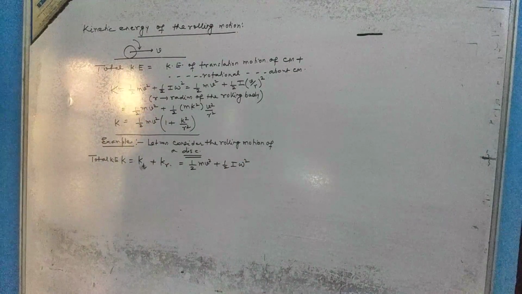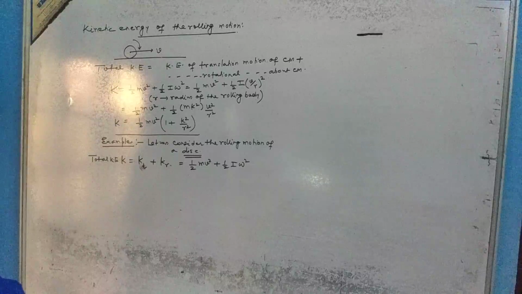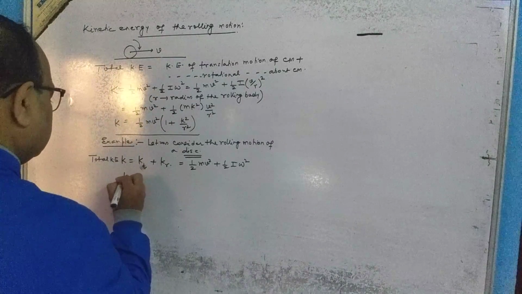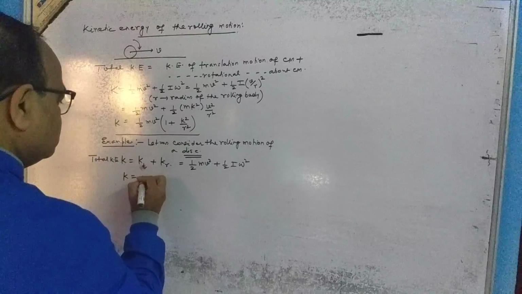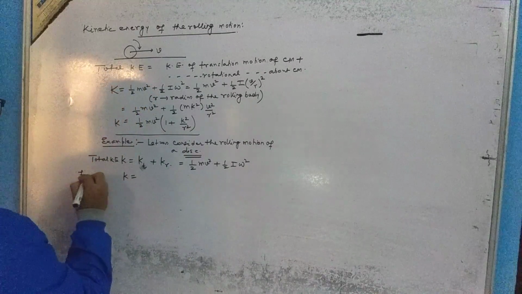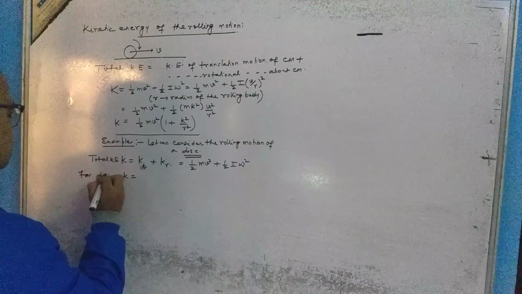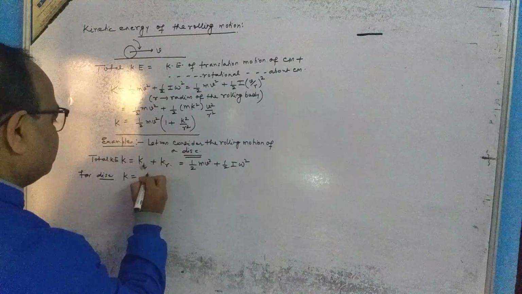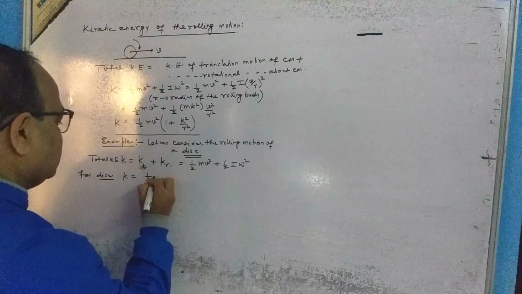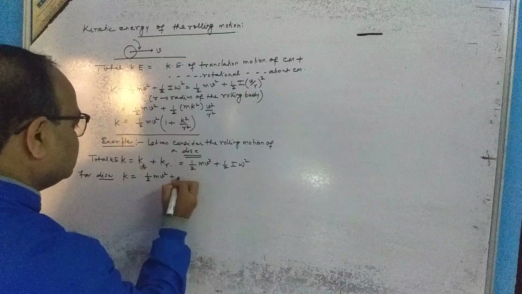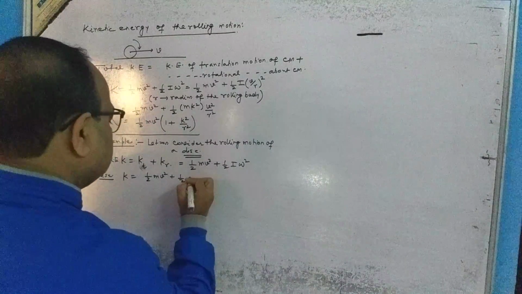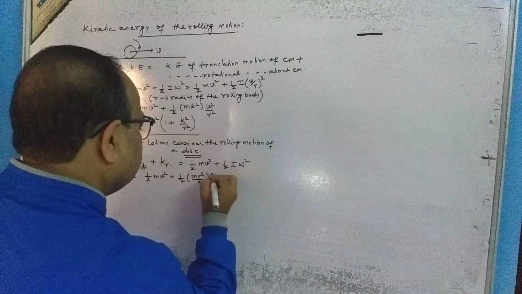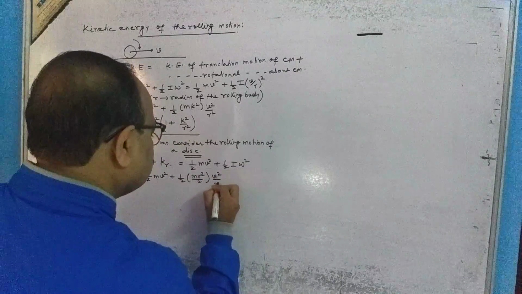Taking the case of the disc, K is equal to half mv square plus half mr square by 2 into v square by r square.